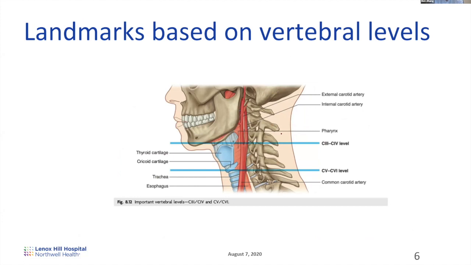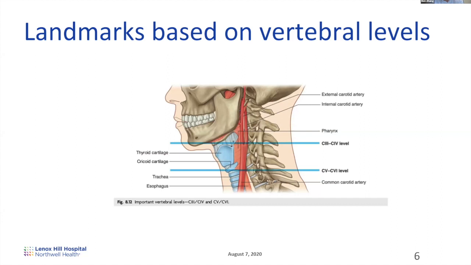That's where you'll find the superior edge of the thyroid cartilage. That's where you find the bifurcation of your external carotid artery and internal carotid artery. And that's also where your pharynx divides into your larynx and then trachea, and then the esophagus right here.